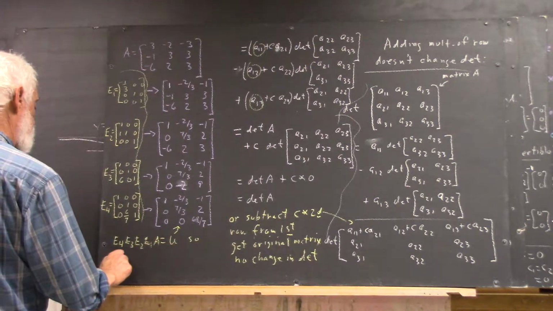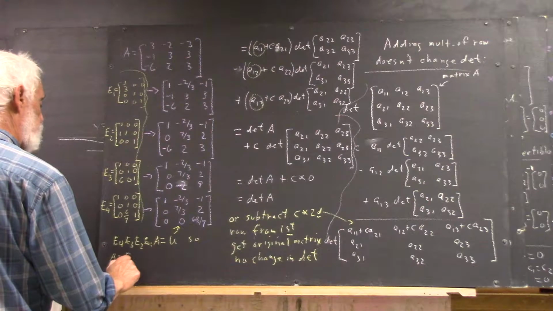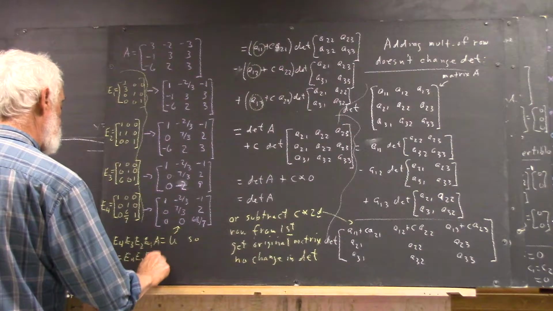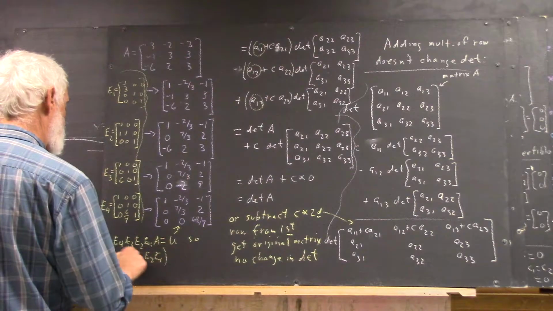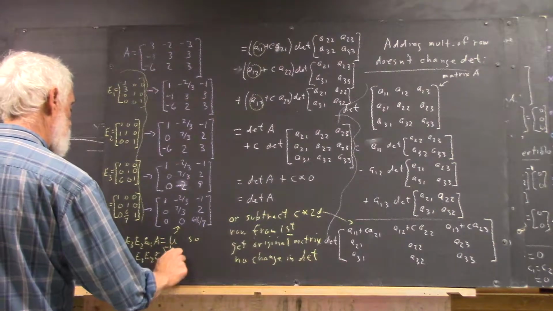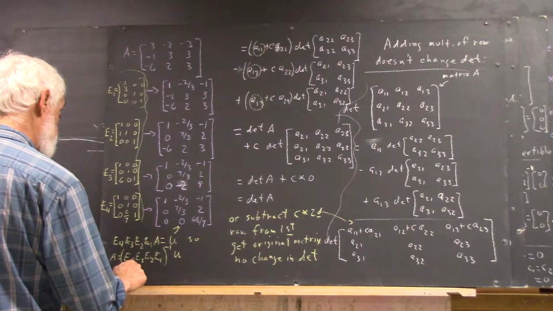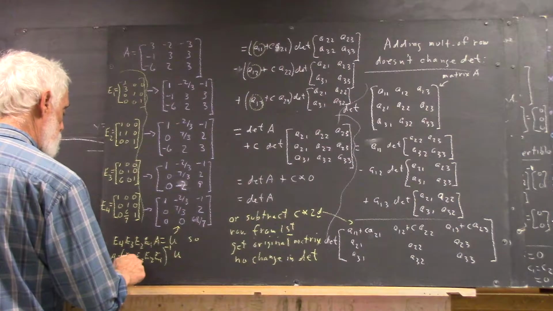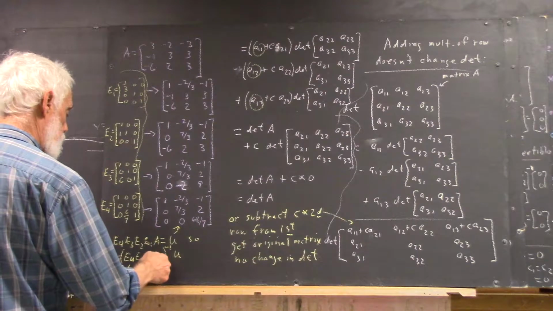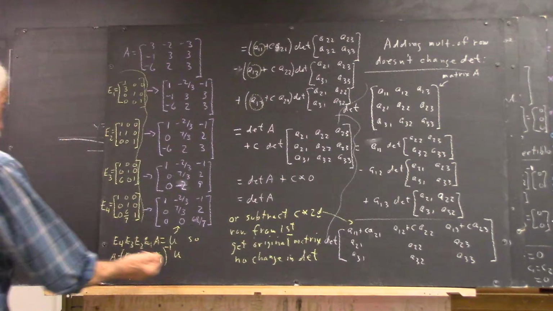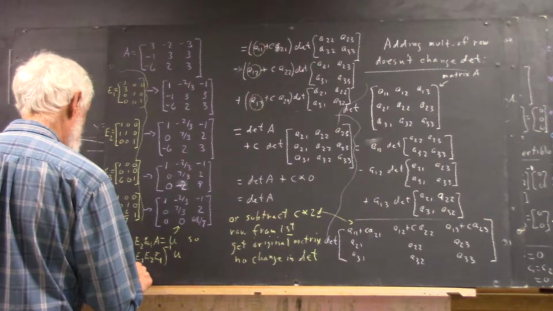So A equals (E4 E3 E2 E1) inverse times U, which is, well, if we do the inverse of this sequence, as we've done a couple of times, we have to change the order of these things.